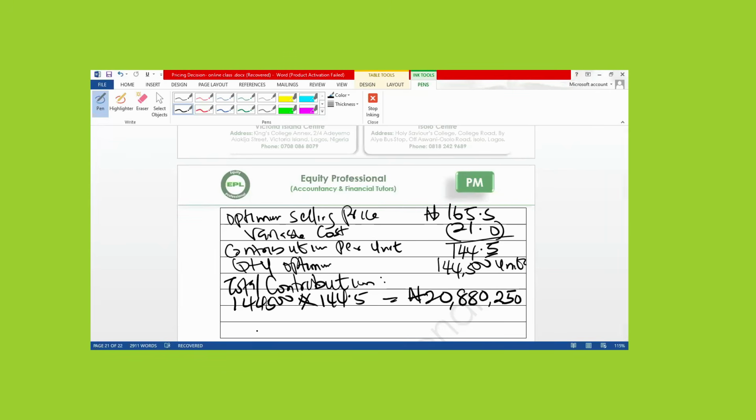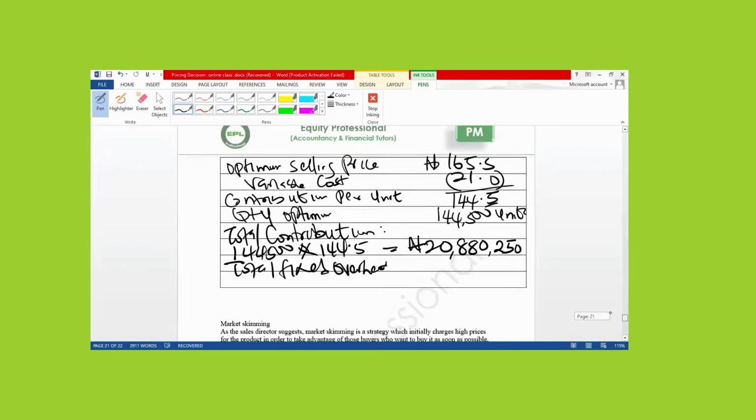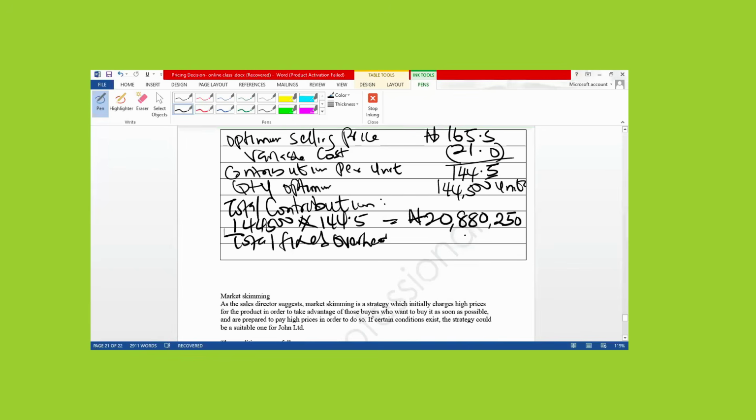What next? Less your total fixed overhead cost. We calculated this to be how much? 800,000. Have you forgotten?